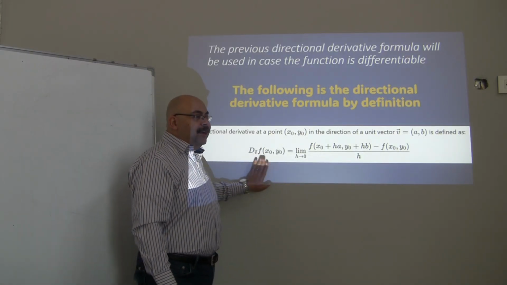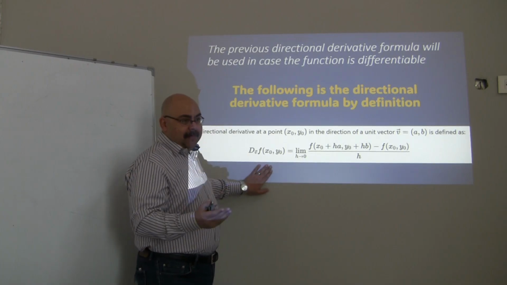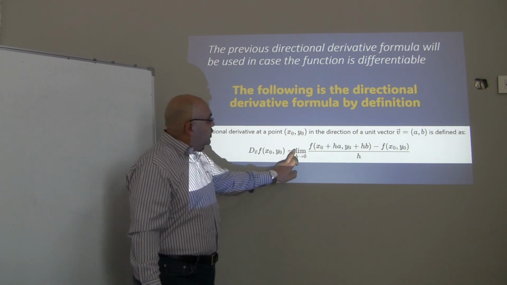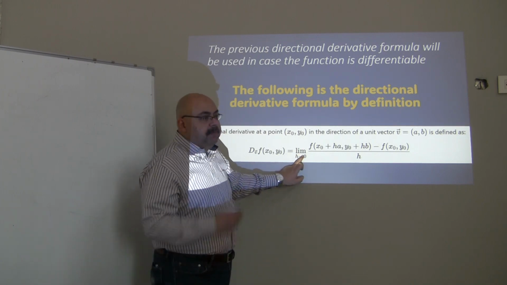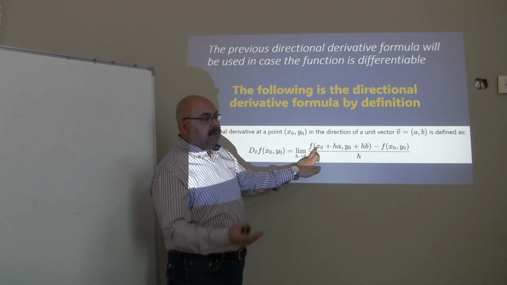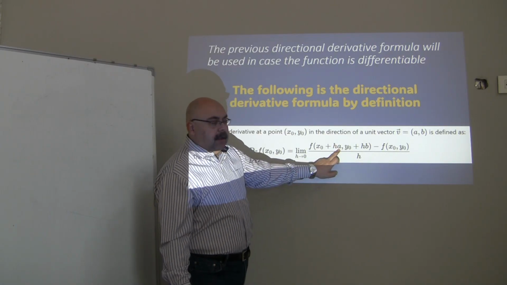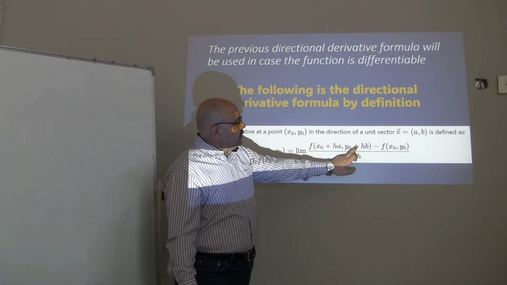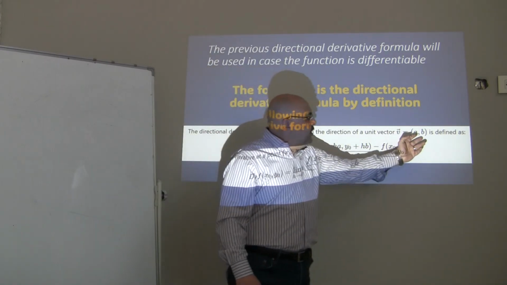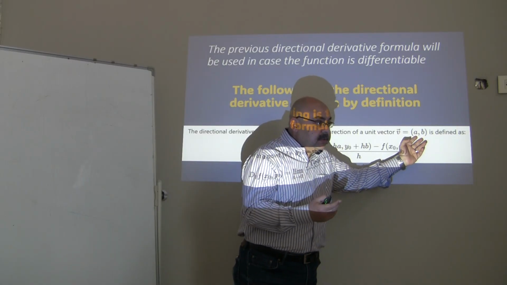This is the directional derivative, but not with the dot product formula, but with the limit formula, which states: limit as h tends to 0. Please be careful. It's x naught, which is the point of testing, plus ha, and y naught plus hb. What are a and b? The a and b are simply the coordinates of the vector that you will use.